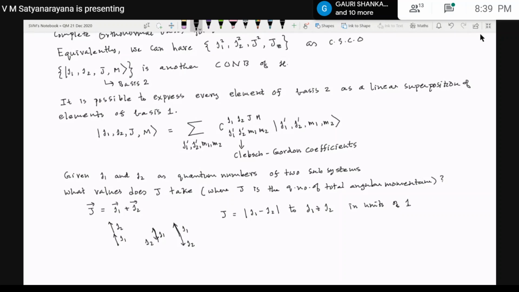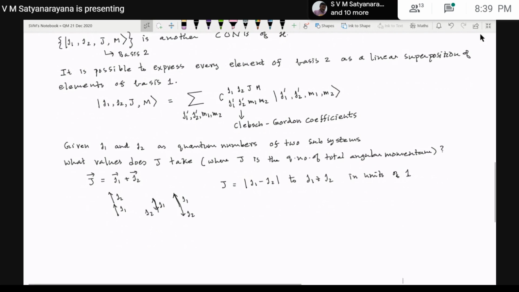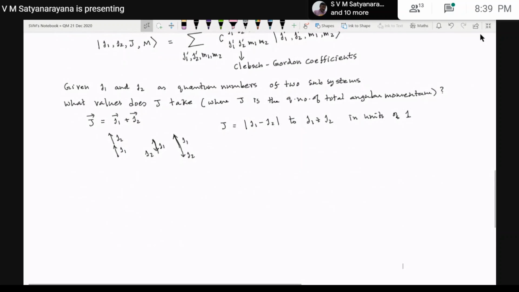Let's take some simple examples. For example, let's take J1 equal to half and J2 equal to half.